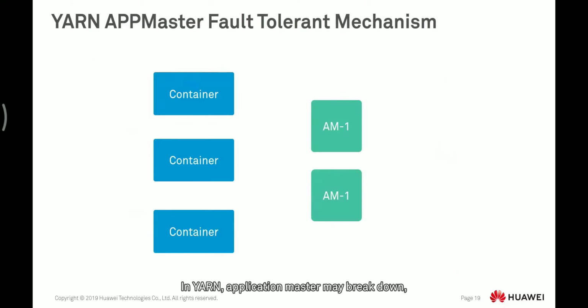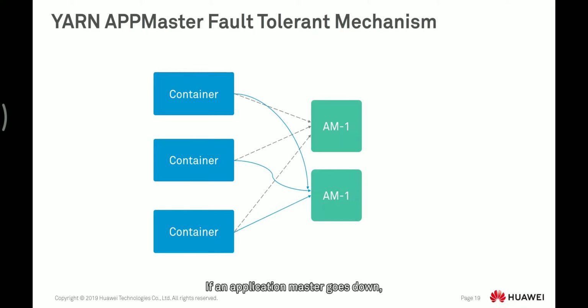In Yarn, an application master may break down, exit, or shut down for various reasons. If an application master goes down, Resource Manager will close all the containers that it manages, including containers where tasks are running. And Resource Manager will start a new application master on another computing node.